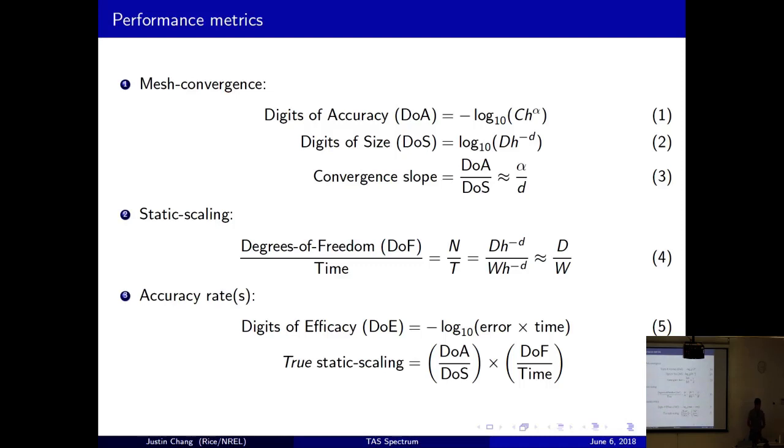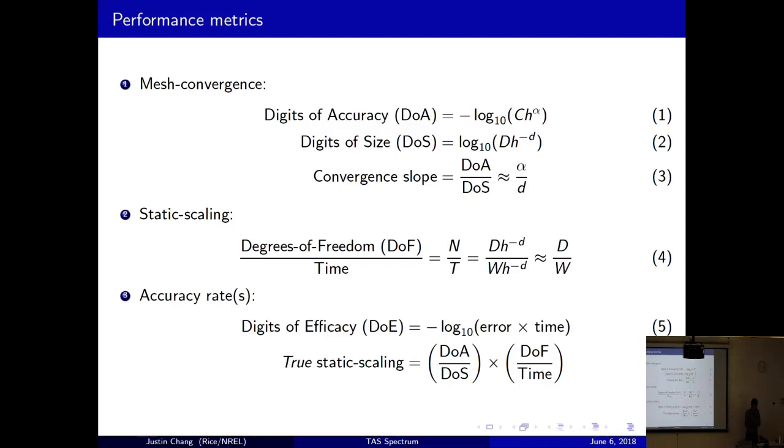And with the convergence slope, we can verify whether our numerical method is right or not. Static scaling is where we look at the degrees of freedom, or the size, over some time, and we know that it should be constant. It should be a flat line because they're both increasing by some factor of h to the power of minus d, but I will show you when this will not hold true.